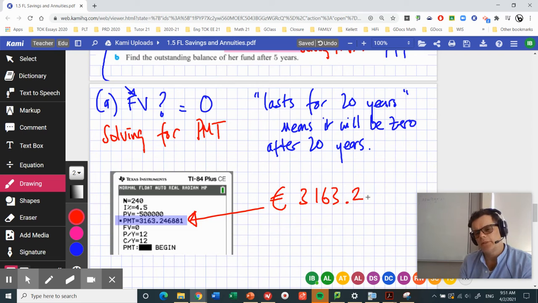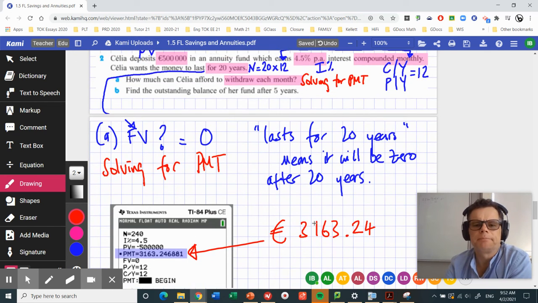You'd be taking a tiny bit more than you actually have. So I'm pretty sure the financial institution would only give them that much money, to the nearest euro cent. You've taken it to the nearest euro, 3,163. That's how you do them.